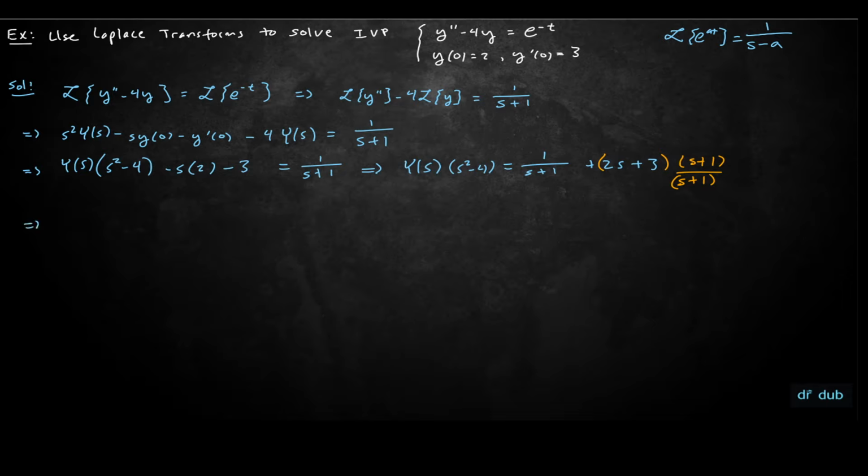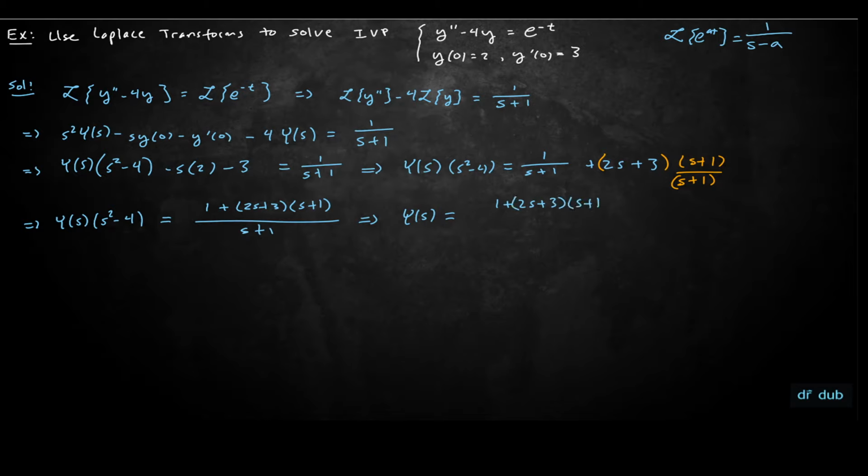So now Y of s times s squared minus 4 equals 1 plus 2s plus 3 times s plus 1, all over s plus 1. And so we can isolate Y of s completely by saying Y of s is going to be 1 plus 2s plus 3 times s plus 1, all over s plus 1 times s squared minus 4.